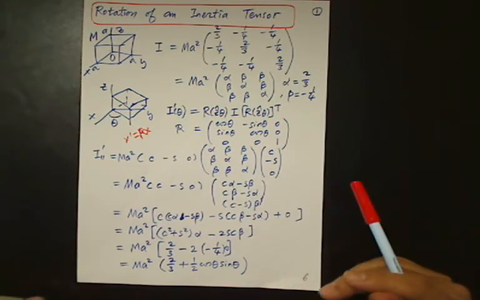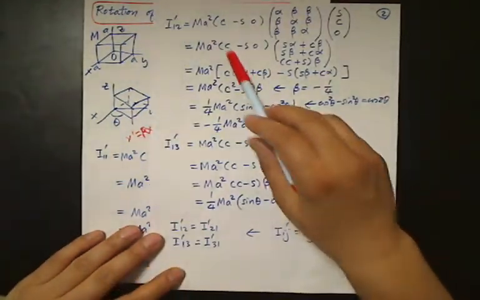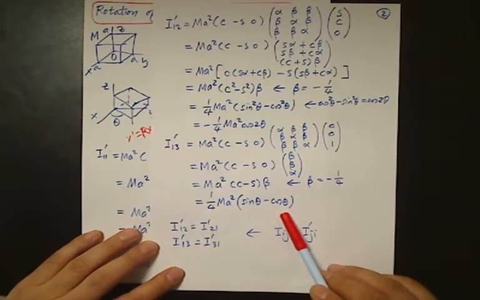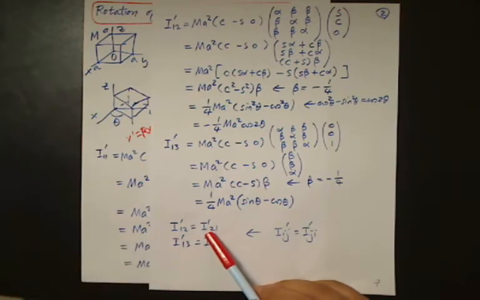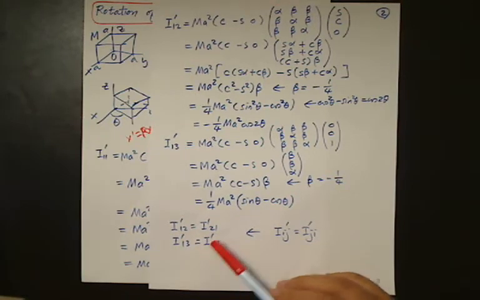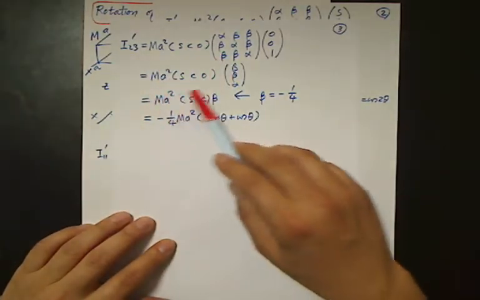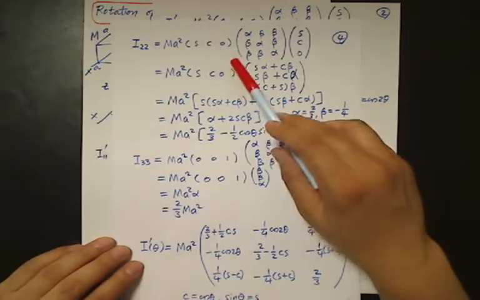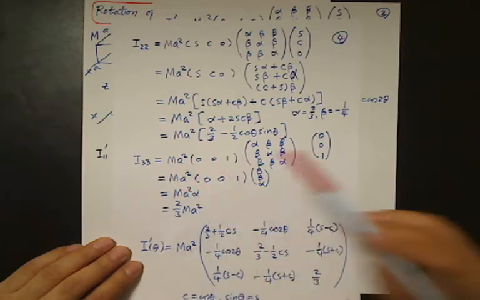Just like this, we can compute the 1 2 element this way and the 1 3 element this way, and we can make use of the symmetry. We learned that the inertia tensor is symmetric under exchange of row and column, and the diagonal elements for the 2 2 and 3 3 elements can be obtained in this way.